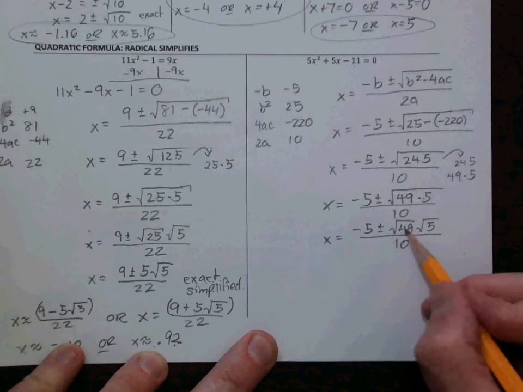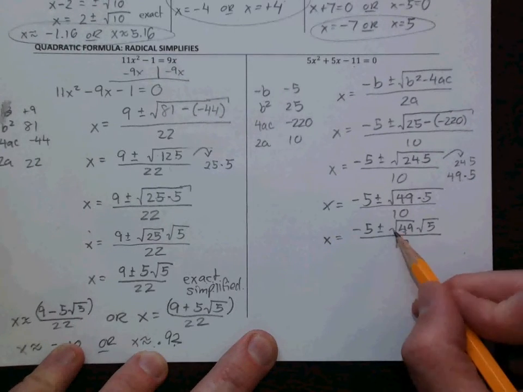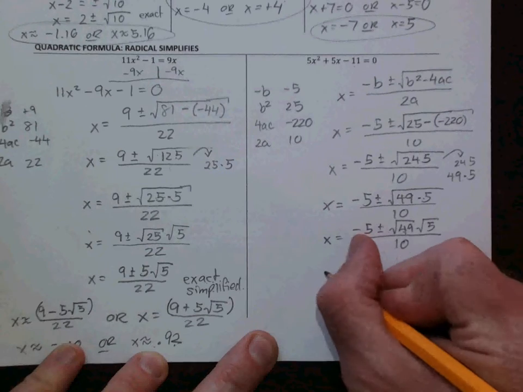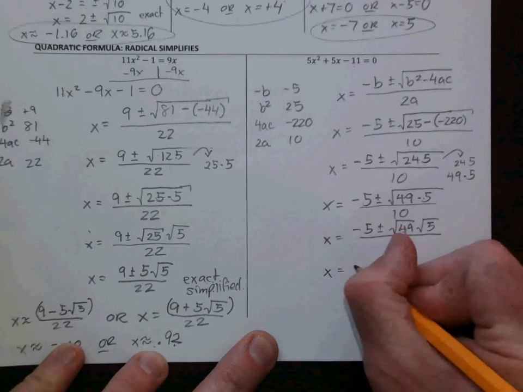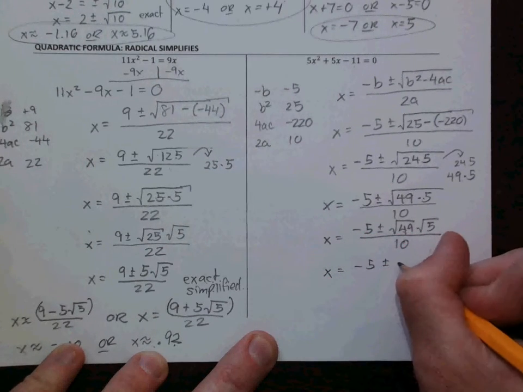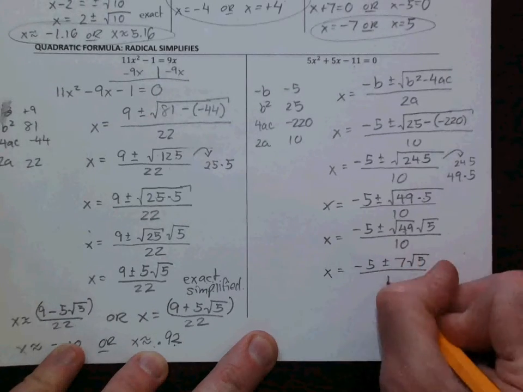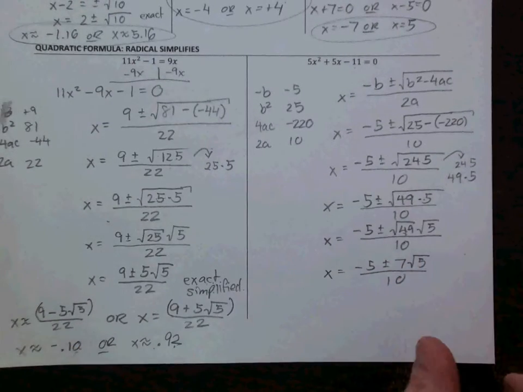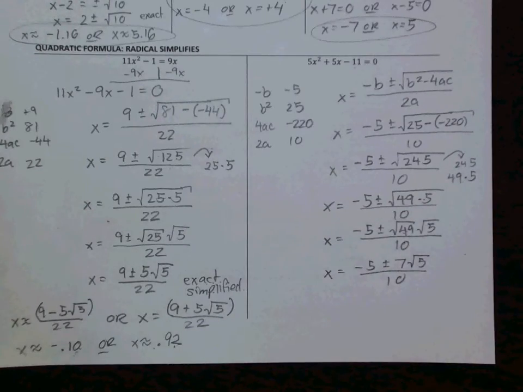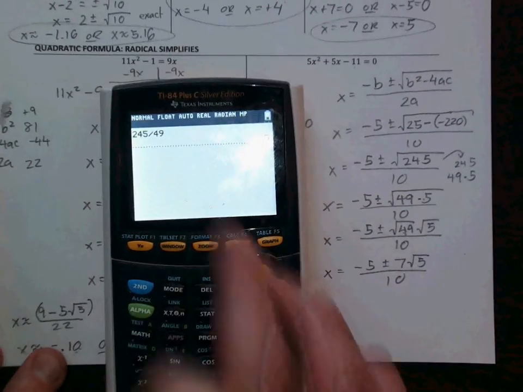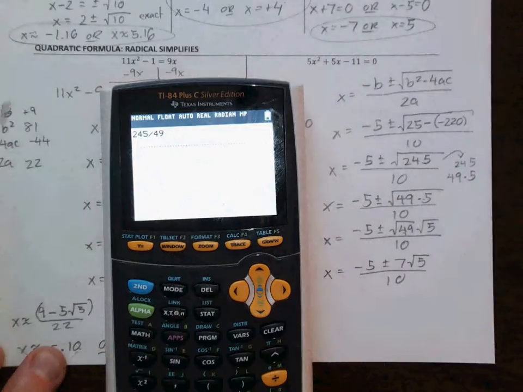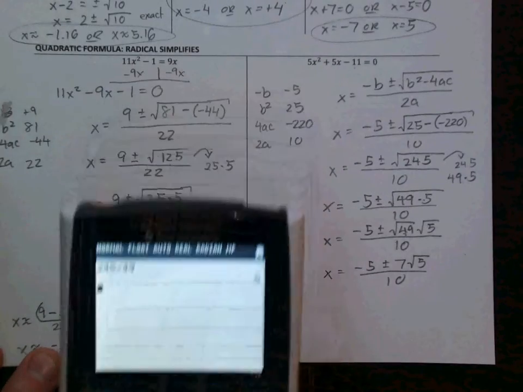The reason I list the perfect square first is I know the square root of 49 is 7. x is equal to negative 5 plus or minus 7 square root of 5 all over 10. And by the way, I did use my calculator to figure out what perfect square went into 245.